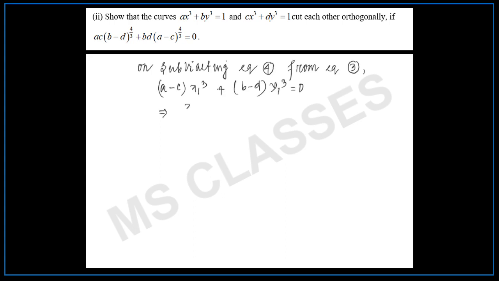And this gives us x1 cube by y1 cube equal to minus (b minus d) by (a minus c).